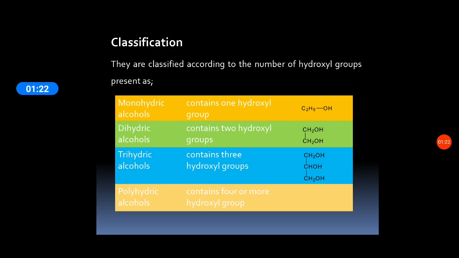If more than one OH groups are present, then they are generally referred as polyhydric alcohols. But among that, if it contains two hydroxyl groups, then it is called dihydric alcohol. Example is glycol. Three OH groups are present, then it is called trihydric alcohol. Example glycerol.